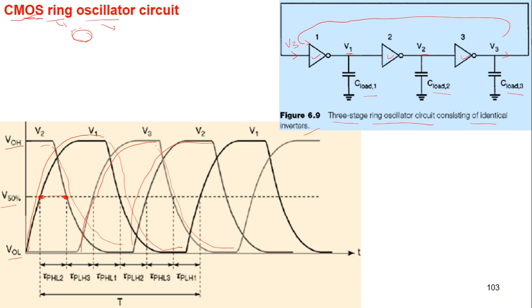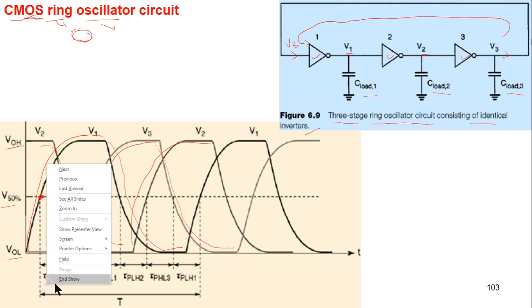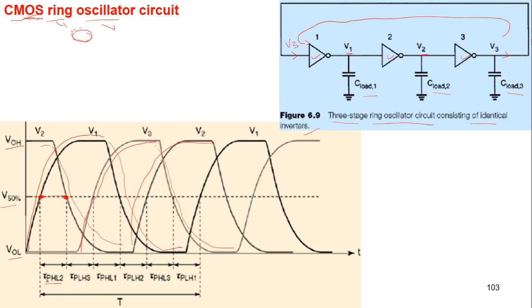So the difference between output and input for inverter 2 will be the delay value, the tau p HL, because the output, that is V2, is falling from high to low. So this becomes tau p HL for inverter number 2.